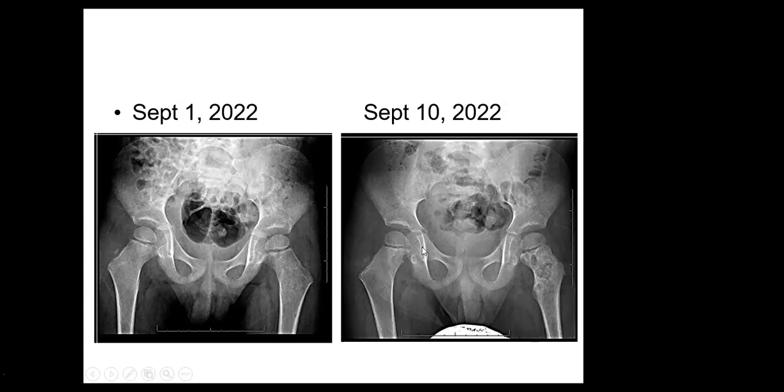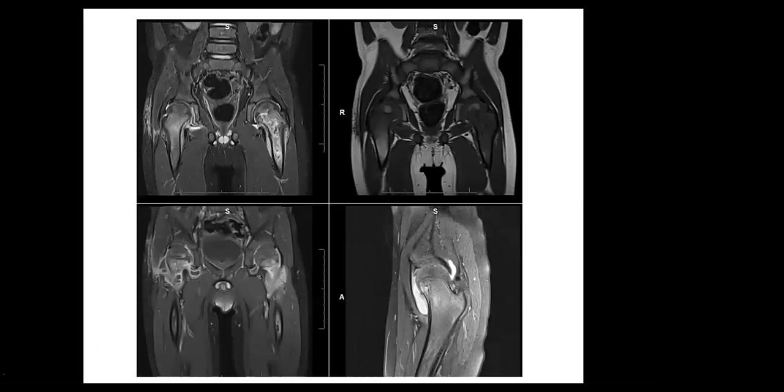Okay, so the other thing is, what do you think is going on here in the right femur? Again, this is the first one and this is the second one. There is also early affection of the right femoral metaphysis by mainly the same process. Okay, so on the MRI scan, you said there is septic arthritis.